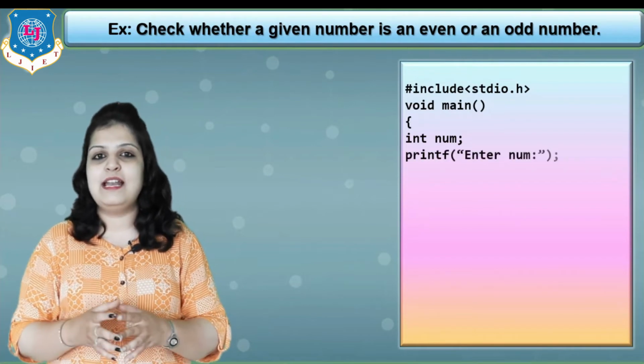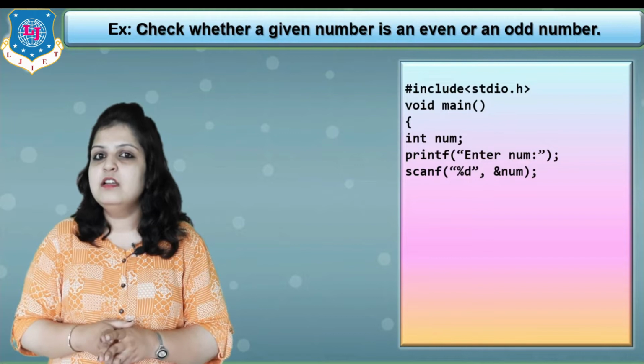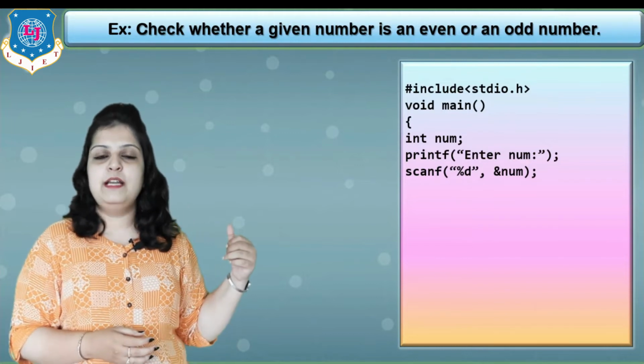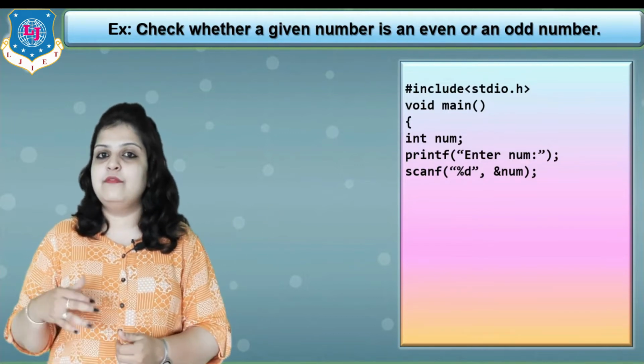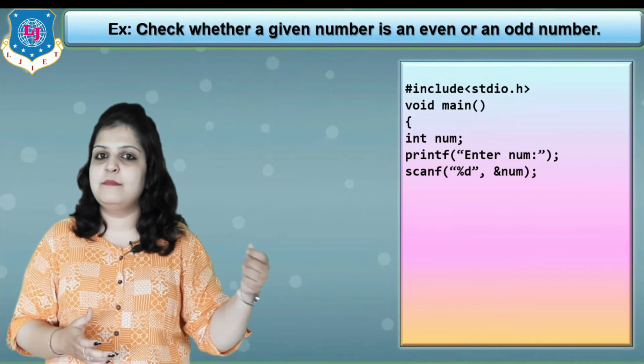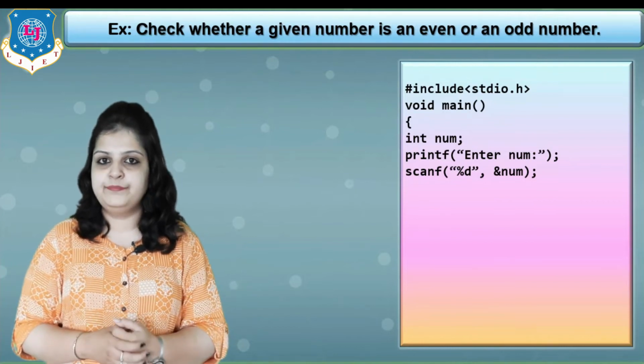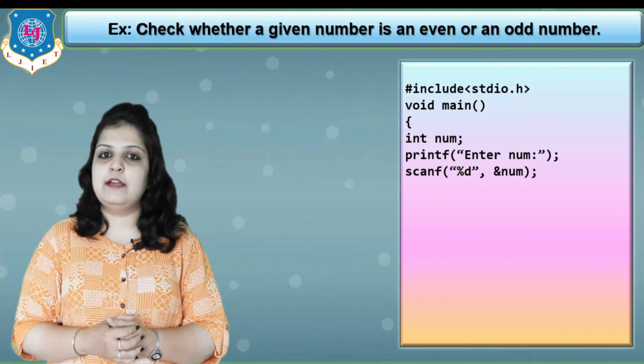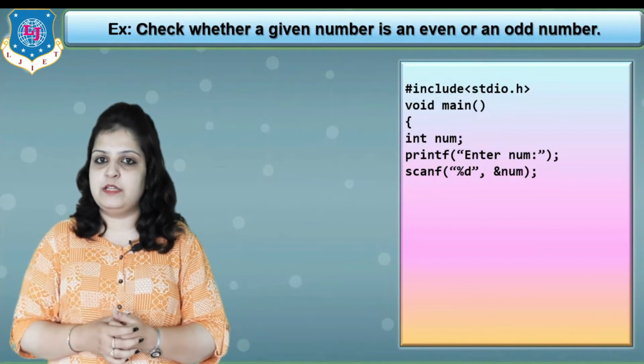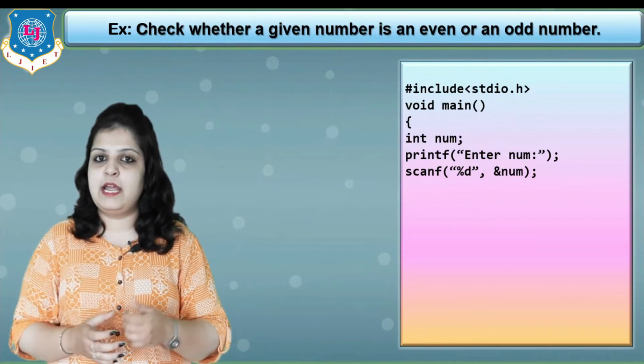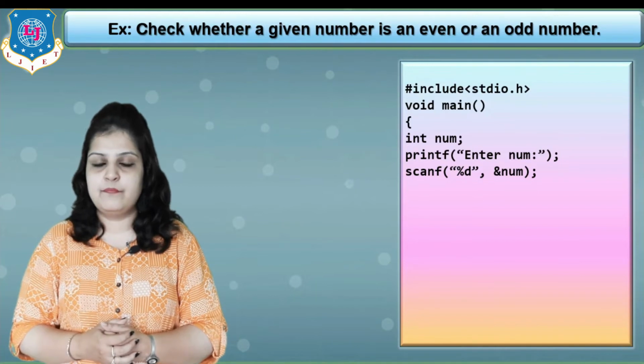So we can use the scanf function because scanf is our input function. So printf, enter the number. When we run the program, it just displays the message to enter a number. And in scanf we write %d because it is an integer, and ampersand number.